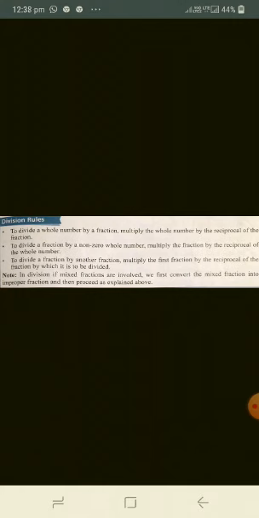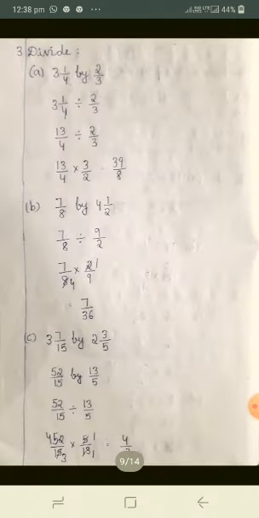To divide a fraction by another fraction, multiply the first fraction by the reciprocal of the fraction by which it is to be divided. Note: if mixed fractions are involved in division, we first convert them into improper fractions and then proceed as explained above. These are the examples of division.